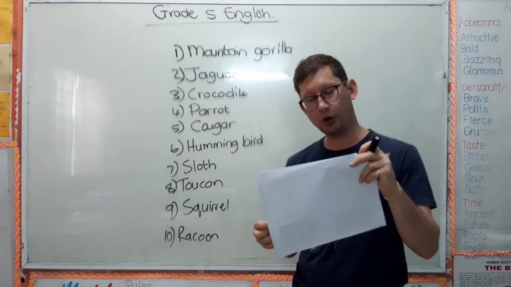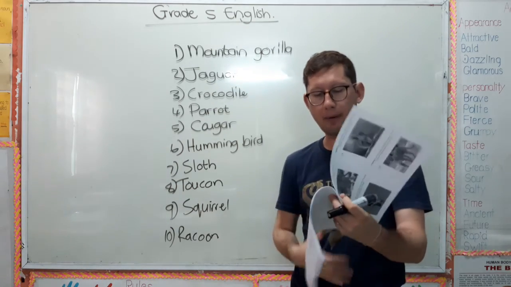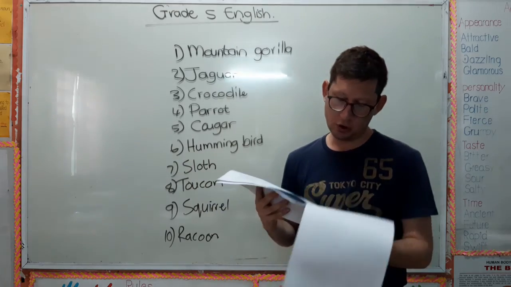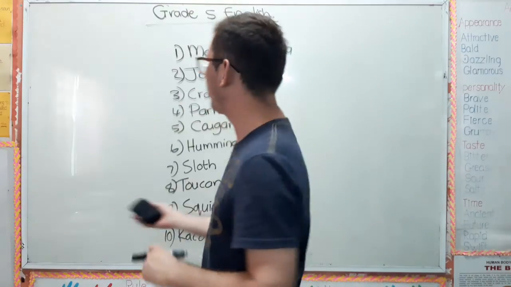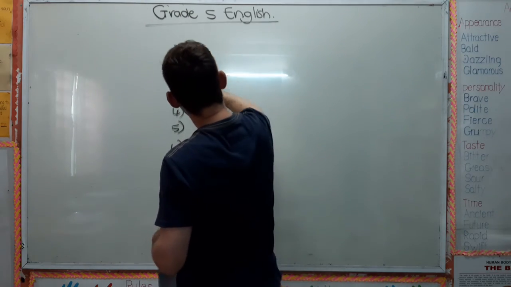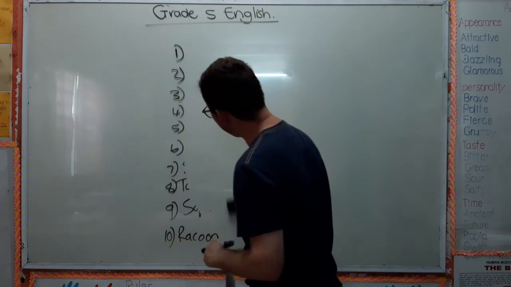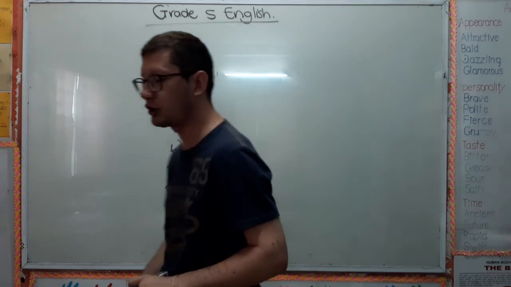Now section 2 would all be about question words. Now what are the question words? What is a question word? A question word is a word you use to ask a question.